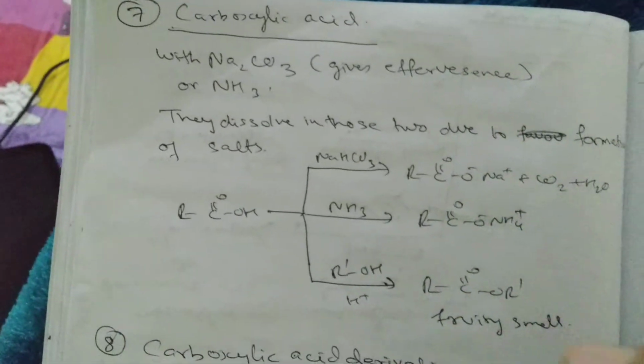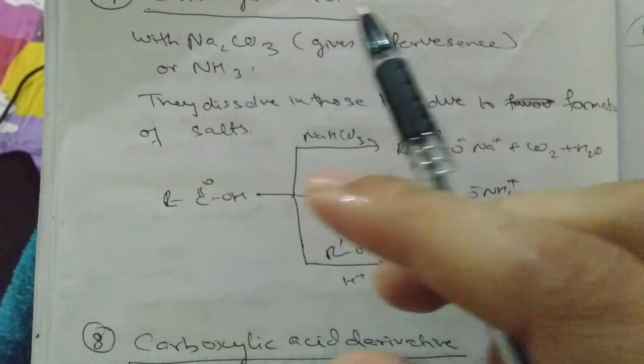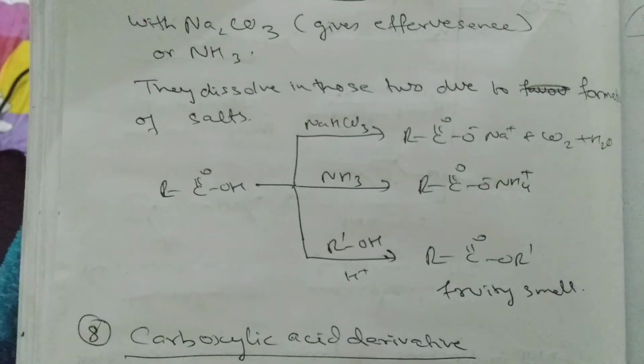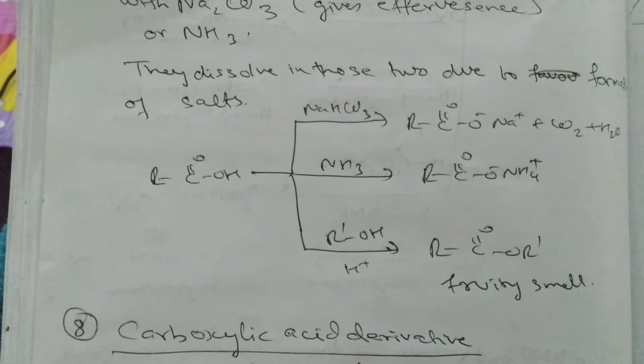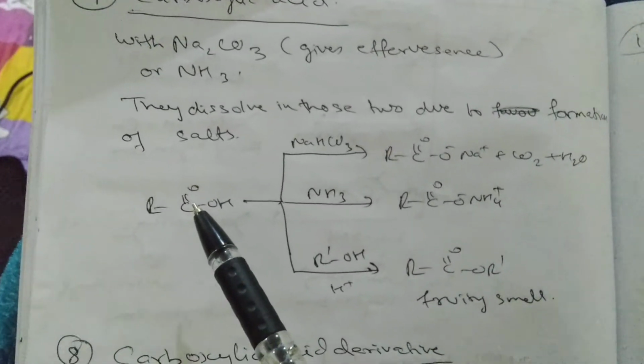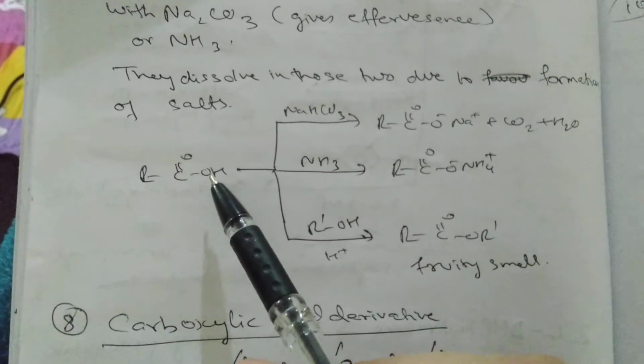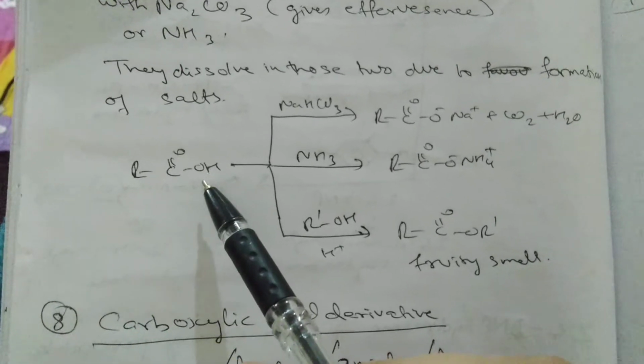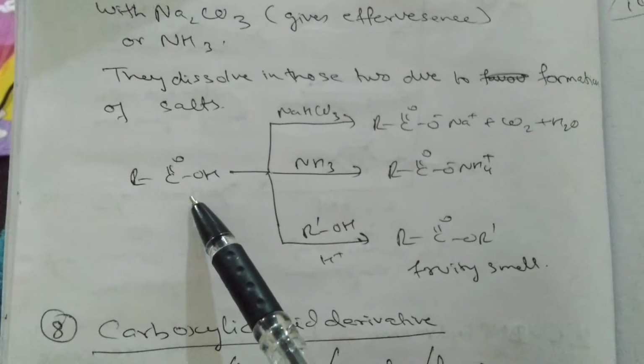Next is carboxylic acid. So carboxylic acid, basically you just add a little bit of sodium carbonate, and if you see effervescence, because carbon dioxide will be released, or you put ammonia. So when you put ammonia, we talked about these alkaloids. All of them were solid except nicotine, which was liquid, and few exceptions might be there, but generally it is solid.